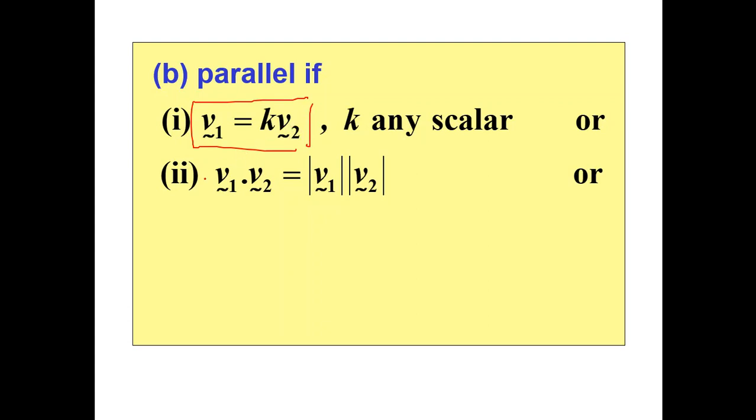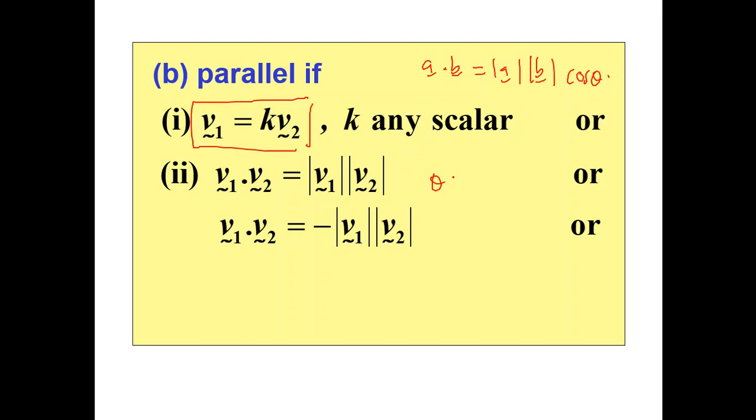Or you can use the formula a dot b equals modulus a modulus b cos theta. Parallel means that theta is equal to 0 degrees or 180, so cos theta is equal to 1 (positive), and cos 180 is equal to negative 1. When you use this method, you need to show both plus and minus.